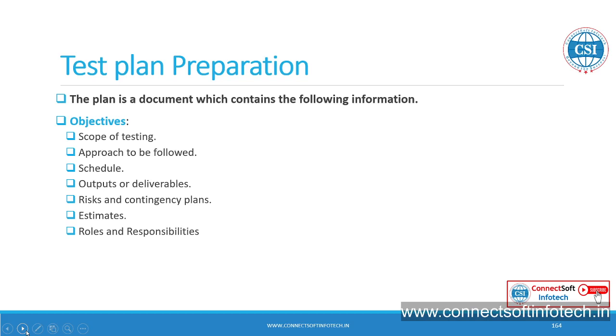The test plan is a document which contains the following information: the objective, scope of the testing, which approach is to be followed, schedule, outputs and deliverables, meaning documentation, risks and contingency plans, estimates and roles and responsibilities, testing strategy and methodology, and entry and exit criteria.